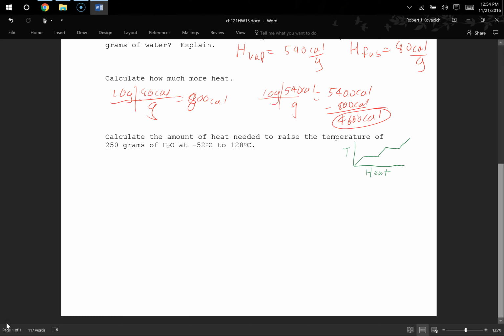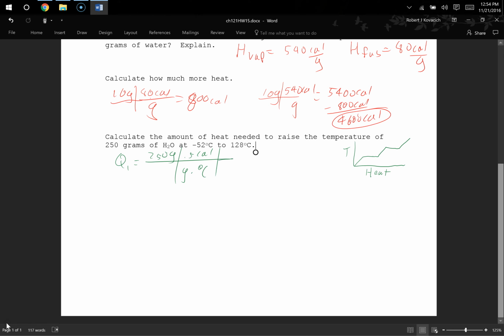We're going to take this ice that's at negative 52 degrees, and we're going to raise its temperature up to 0 so we can get it to its point where it can begin melting. So Q1, and it's 250 grams, and it's 0.5 calories per gram degrees C. This is the specific heat for ice.